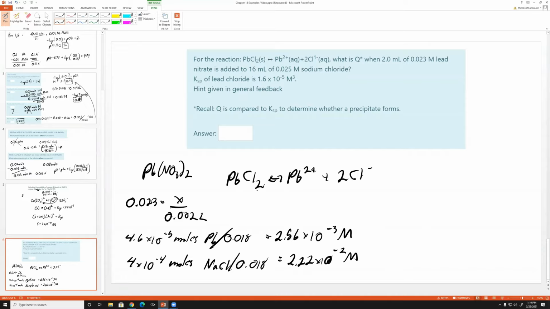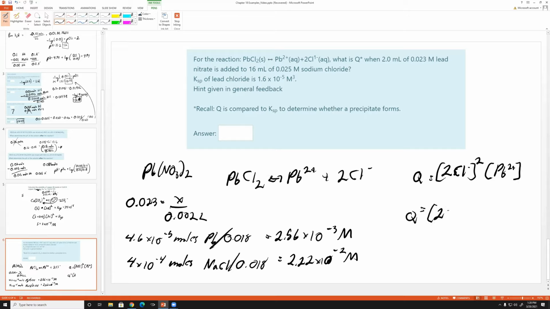So what we're doing here is calculating Q. Q for solubility is going to be equal to the chloride concentration squared times the Pb2+ concentration. Now we can calculate that.